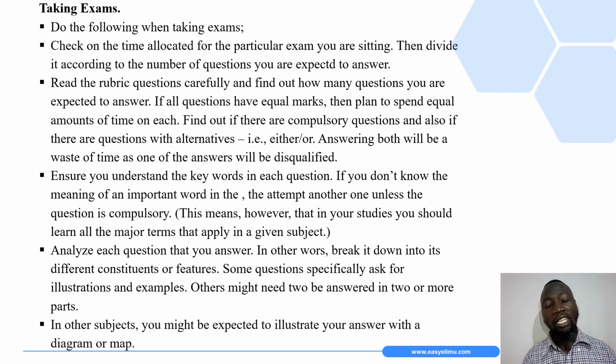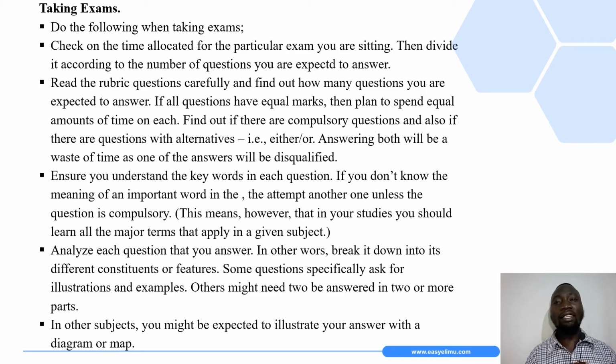Talking about the time allocation for the exams, different exams have got different time allocations. For example, if we are talking about mathematics, in most cases, mathematics will have a time allocation of 2.5 hours.